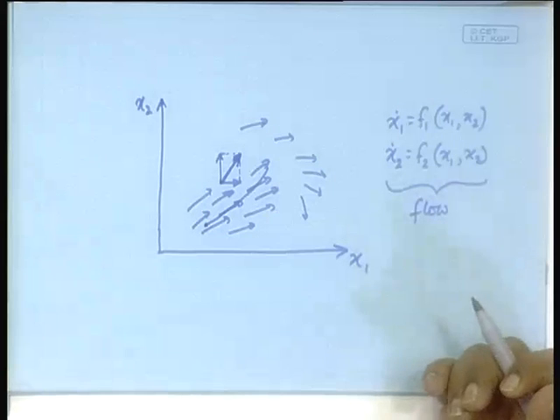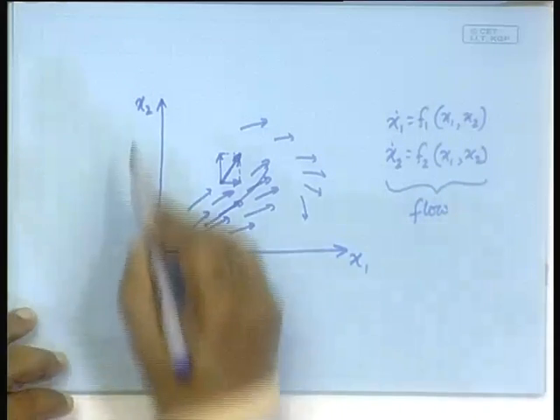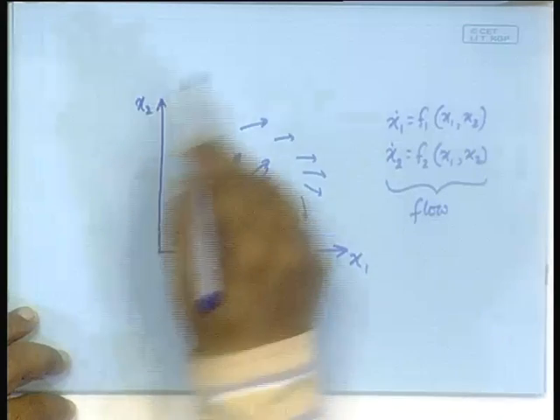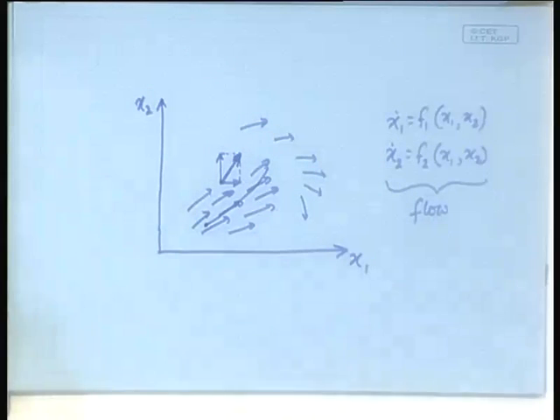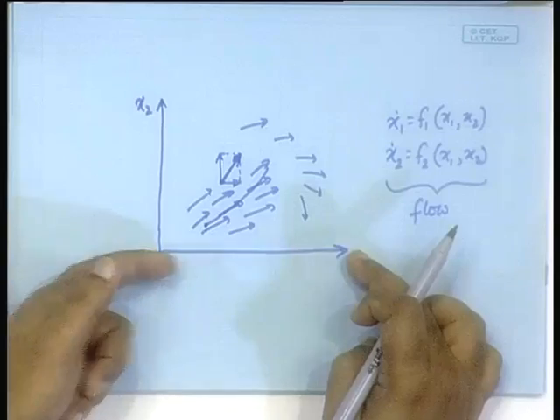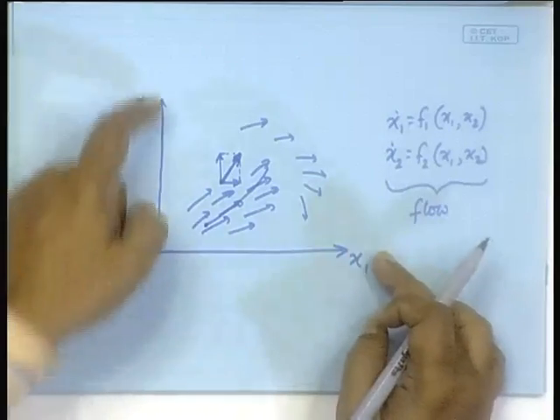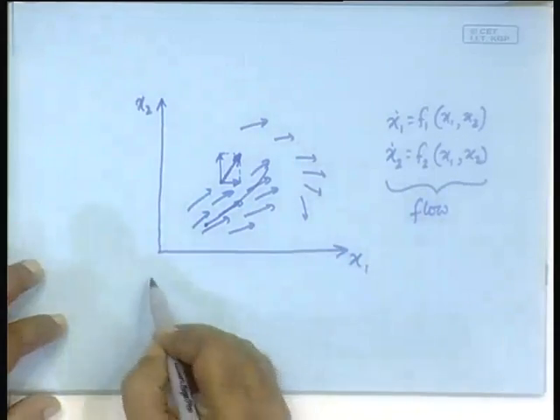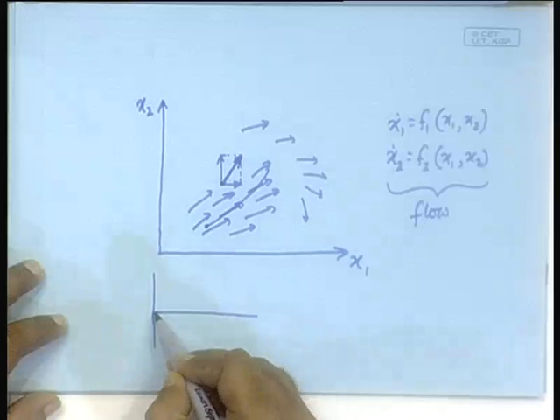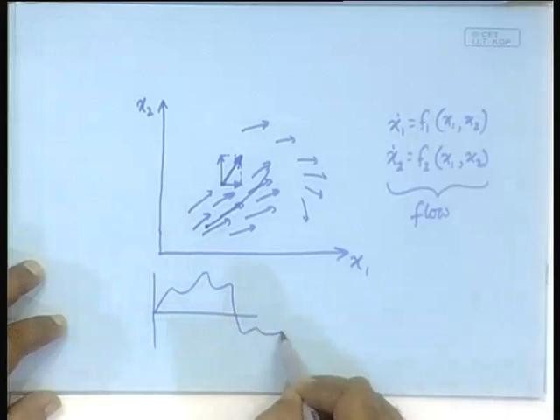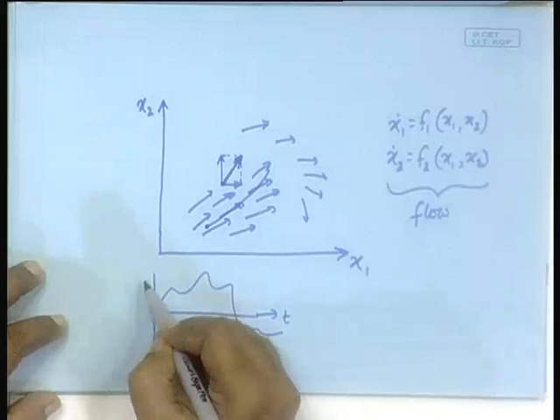Okay. Now, how to do that? In that case you would get some kind of a movement in the state space, but you could say, no, I am interested mainly in how it changes with time, say how x 1 changes with time and how x 2 changes with time. In that case you will get a waveform something like this, say this is your time and this is your x 1.